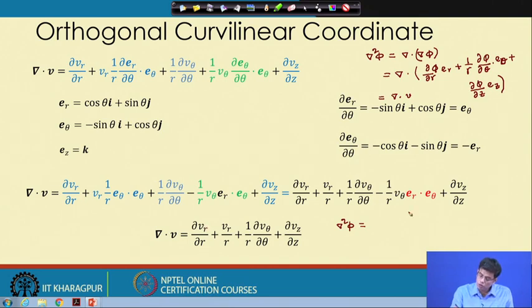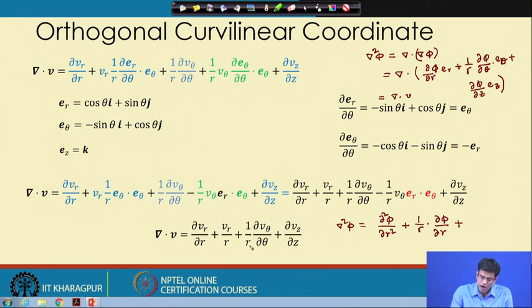del Vr by del r. So, the first Vr will be del phi by del r and then Er. So, the first quantity will be del square phi by del r square, right. And similar to this, Vr by r. So, Vr we know, which is 1 by r del phi by del r, and then 1 by r del v theta by del theta.